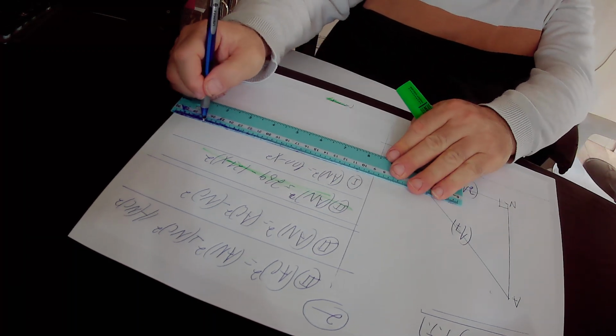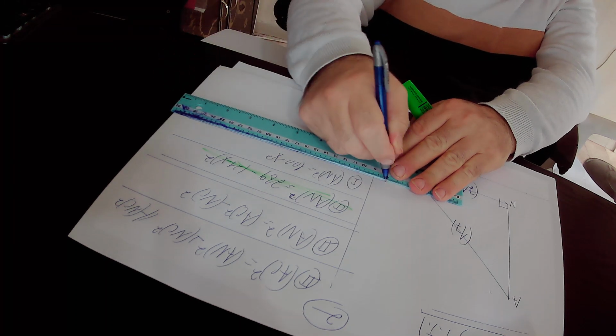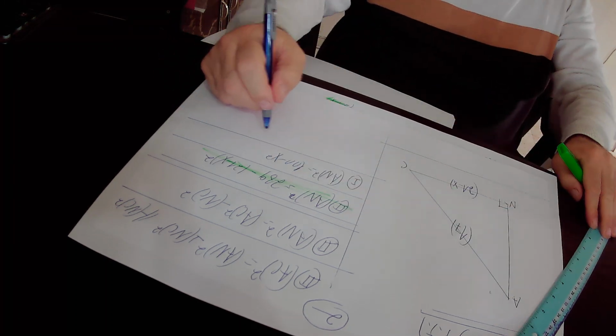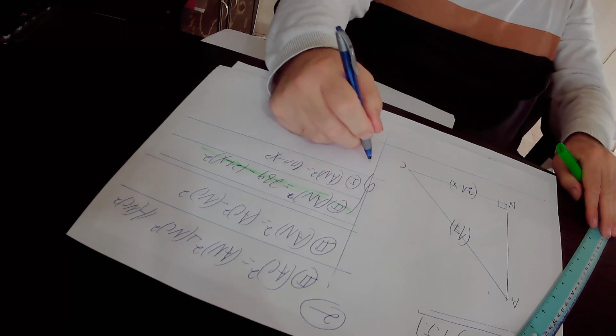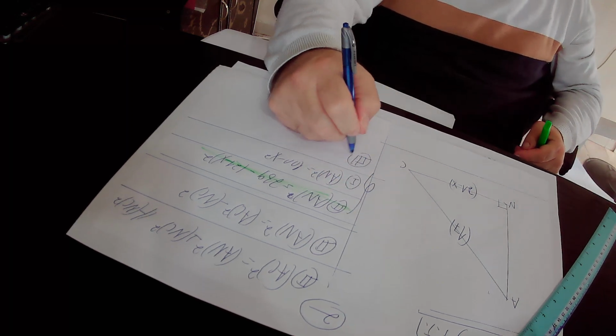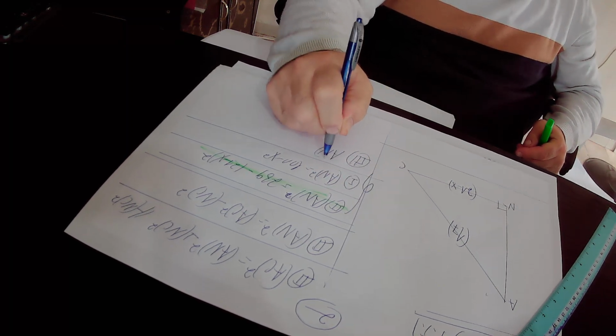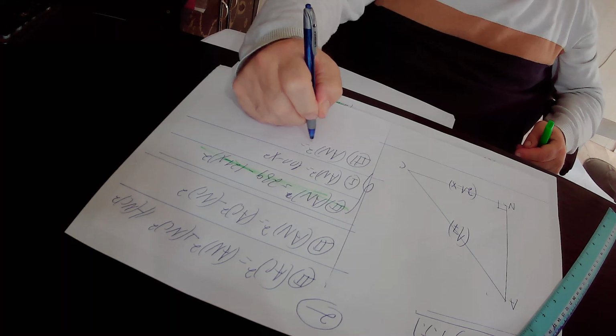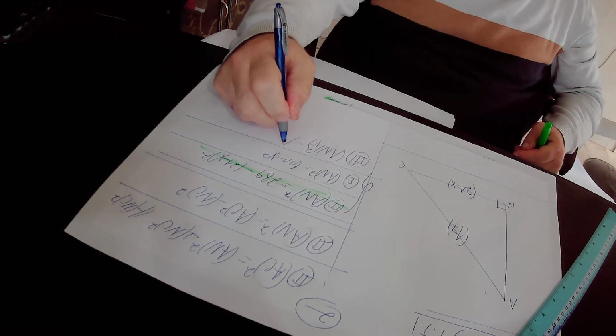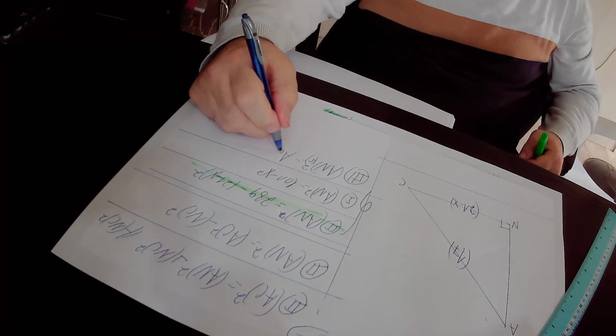So we have here two different expressions for the value of AN squared. Therefore, we get equation 3, which states that AN squared according to equation 1 must be equal to AN squared according to equation 2.